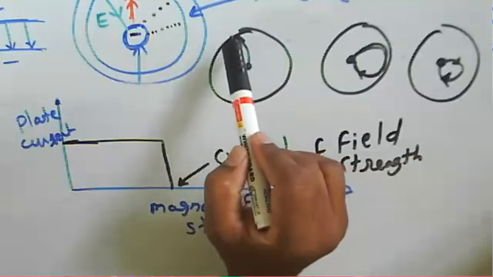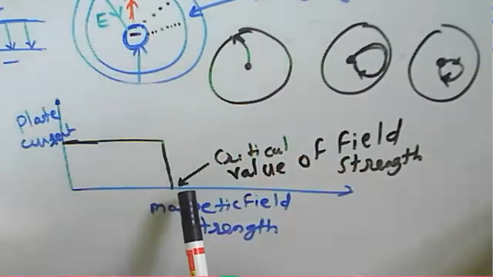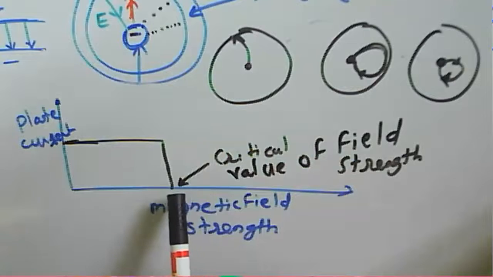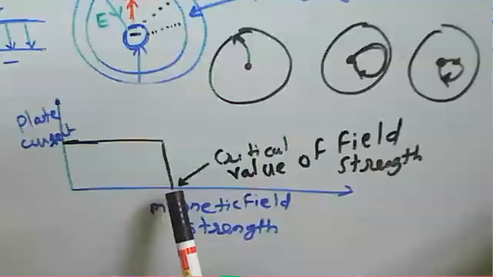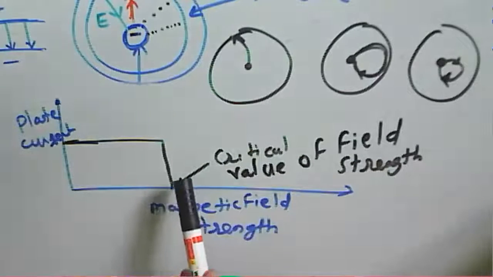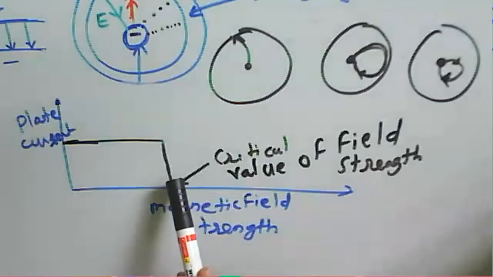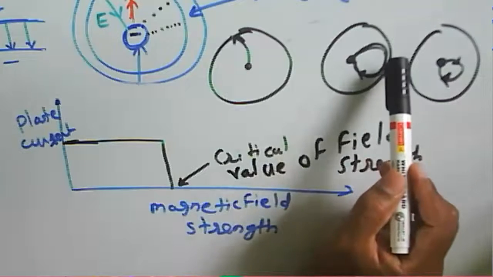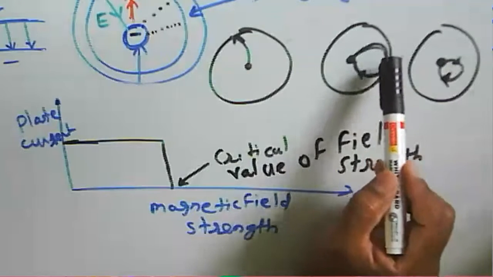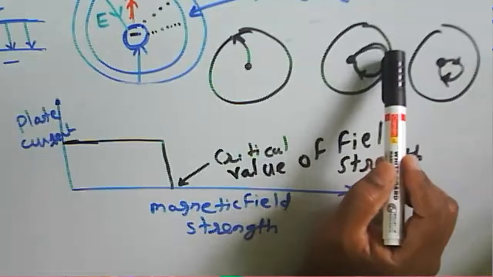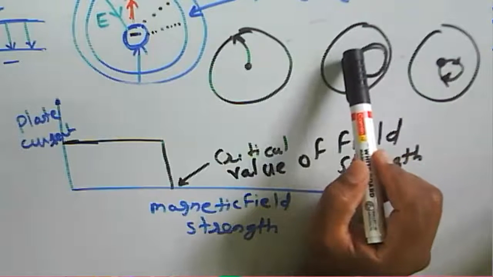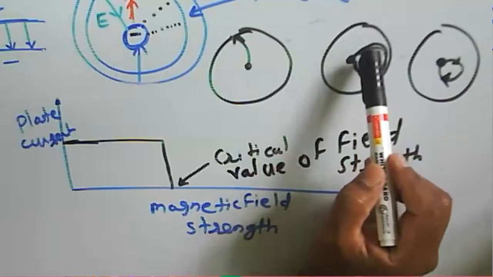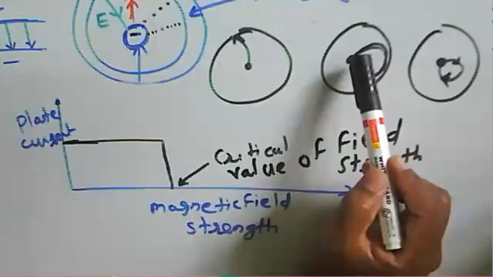If we further increase the magnetic field until it reaches some critical value, the electron just misses this particular plate. It will not reach the plate, just misses the plate and returns to the cathode.